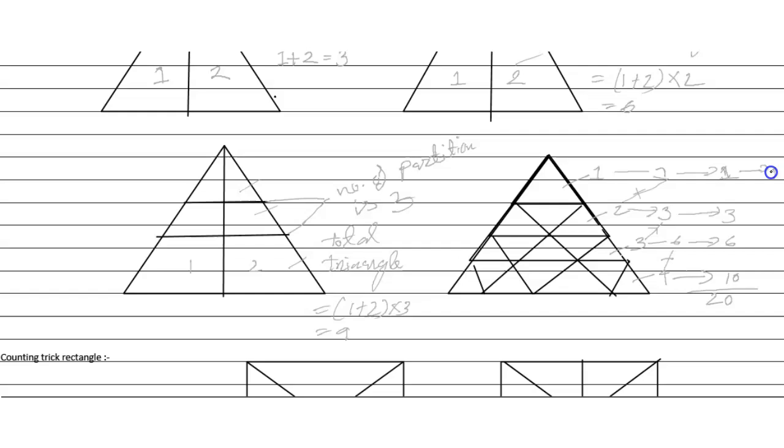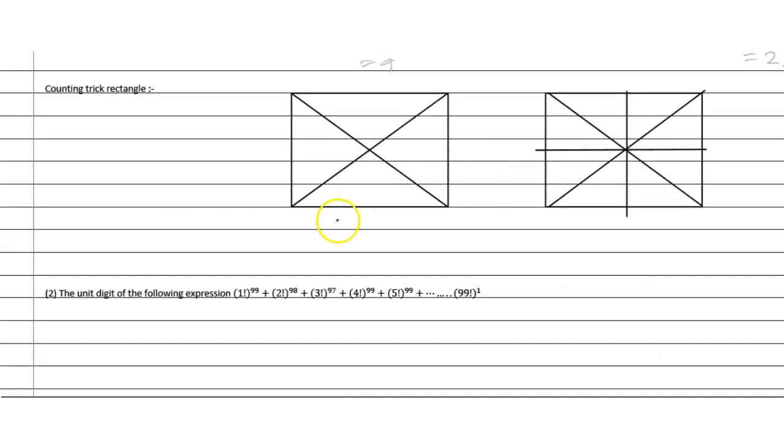This is 1 and this is 6. So 6 plus 1, you will just give a gap. This portion and this portion I will not take. So it is plus 7 equals 27. And after that, now I will go to discuss counting trick of rectangles.